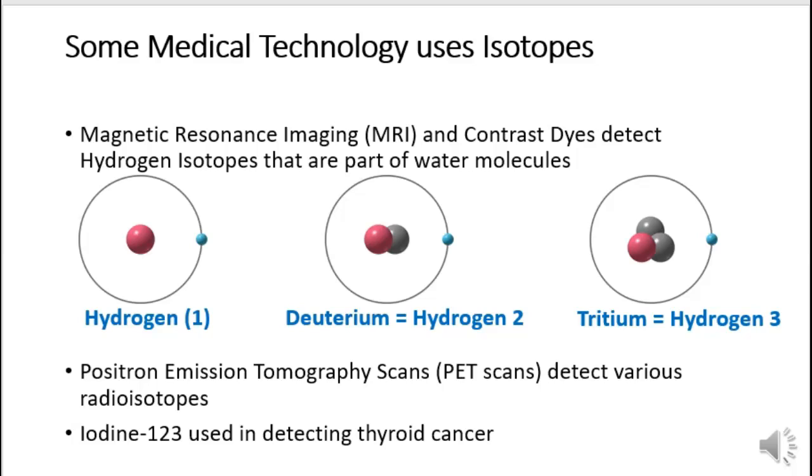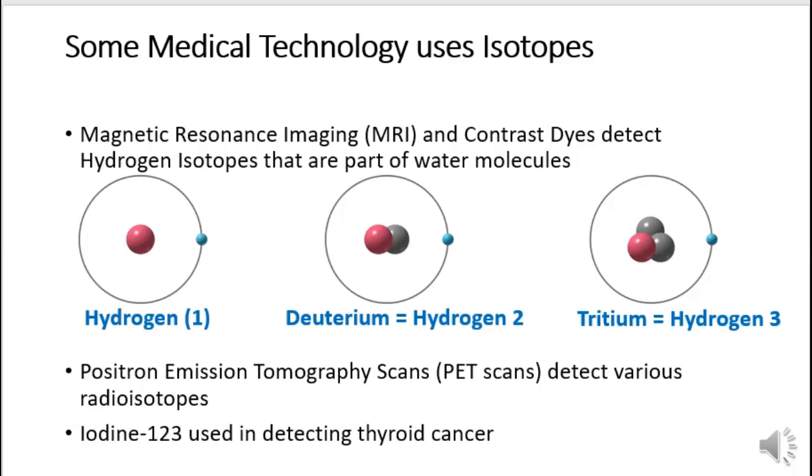There are also radioisotopes and hydrogen isotopes that are used in medical technology. MRI and contrast dyes use hydrogen isotopes. PET scans use a variety of different radioisotopes, and iodine 123, for example, is used to detect thyroid cancer.